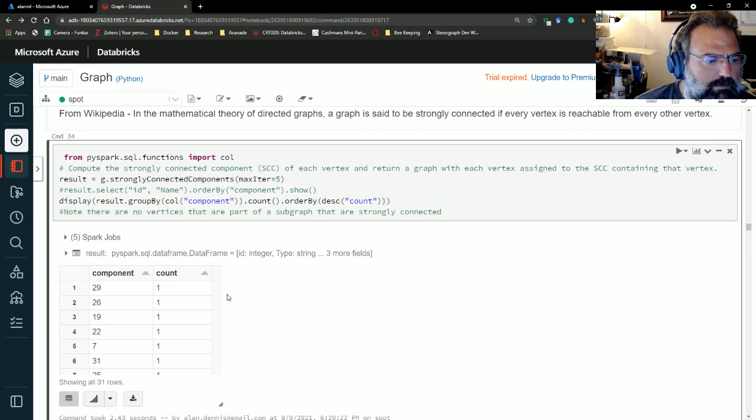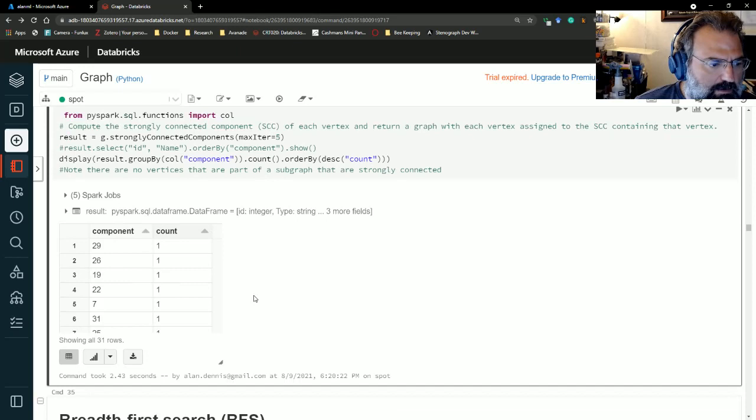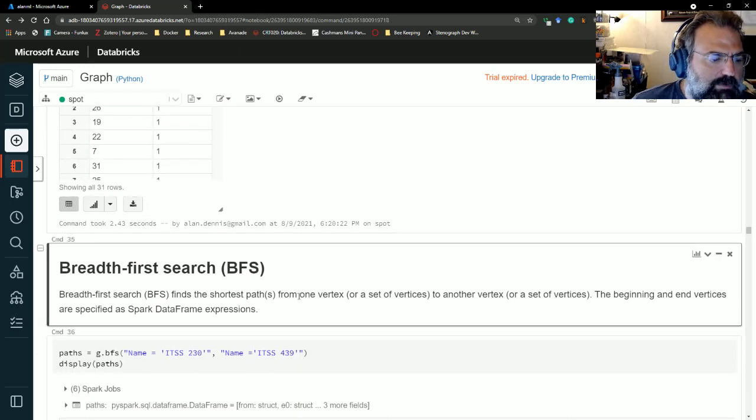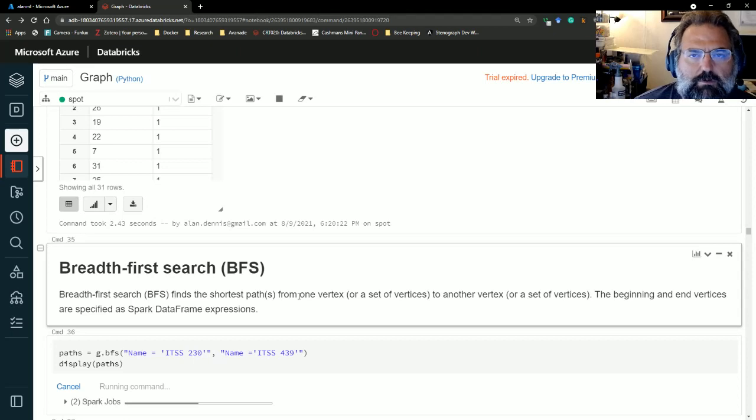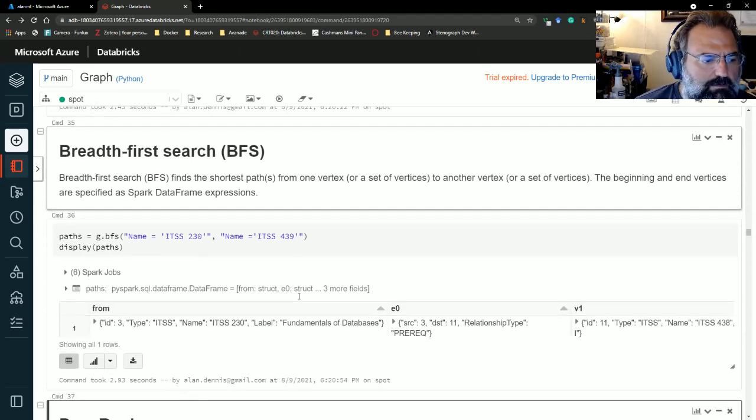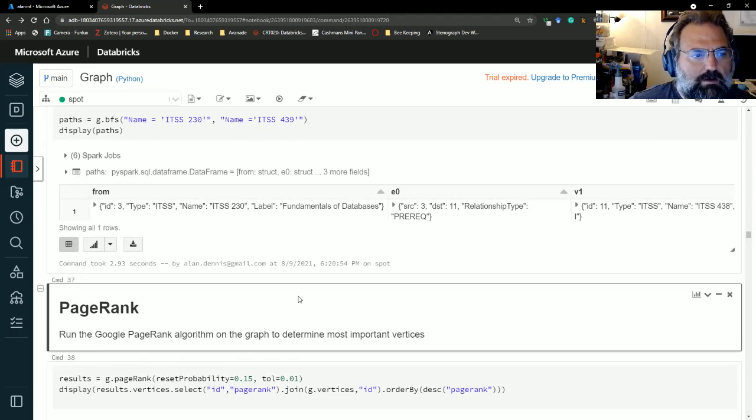There are no strongly connected ones because there's only one item in every one of these strongly connected groups. Sometimes you want to find something inside of a graph, and so you apply the concept of searching, and you have the choice of doing a breadth first search, which is kind of what you would think it is based upon a background in computer science. It's going to look across first rather than trying to go deep, so the basic idea is to find it without going through a whole lot of hops.